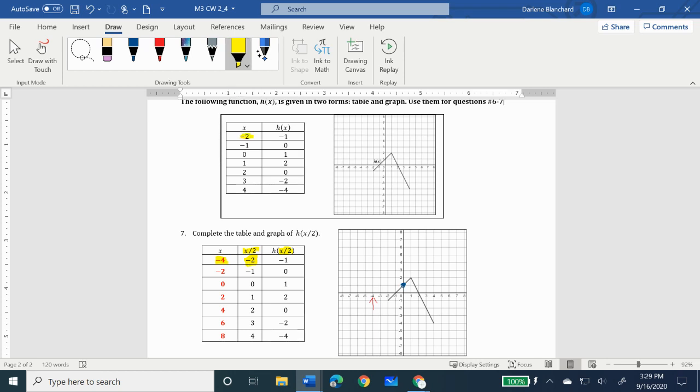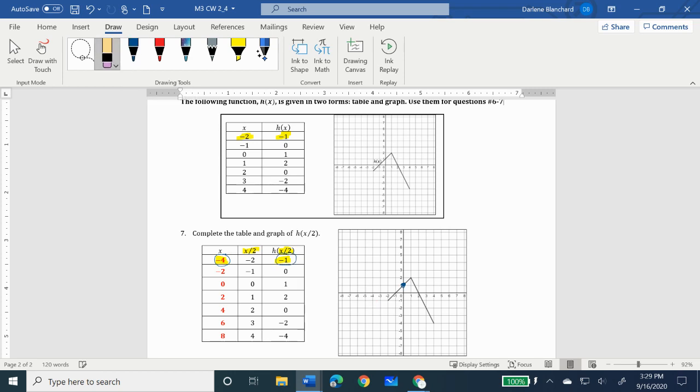When -2 comes into the kingdom of H, H says, who goes there? And it says, I'm -2. And H says, I give you -1. Now go away. So what ultimately is happening here is the x-coordinate -4 starts this process, and the end result is -1.